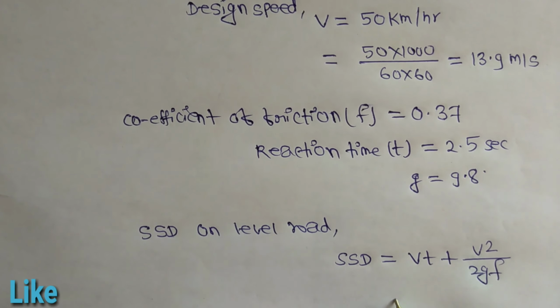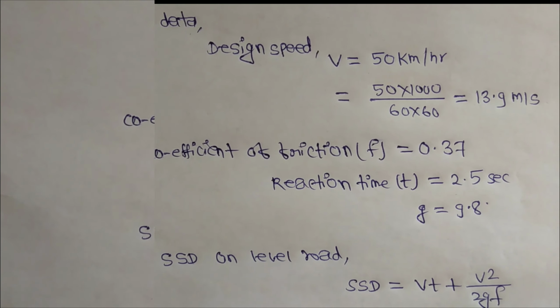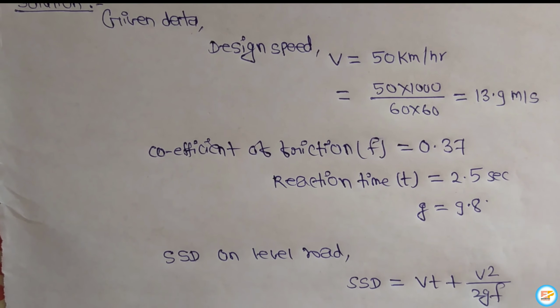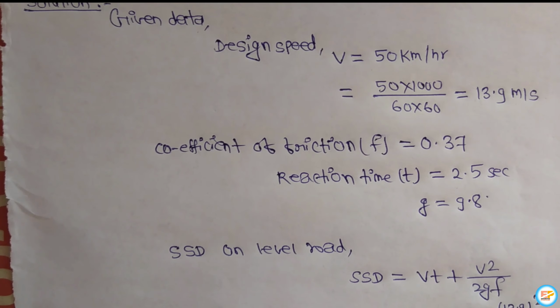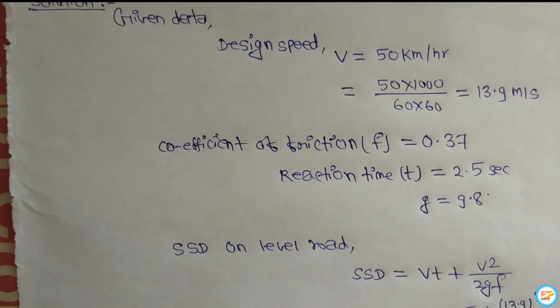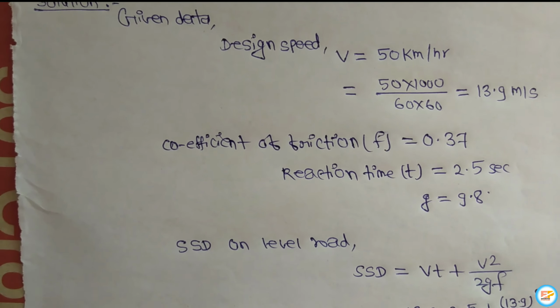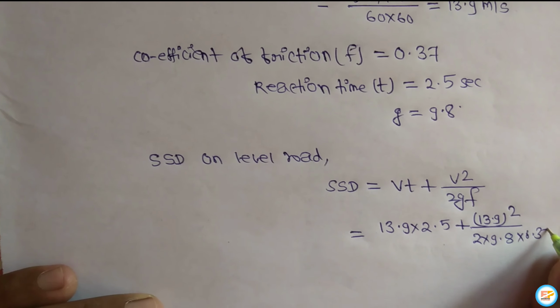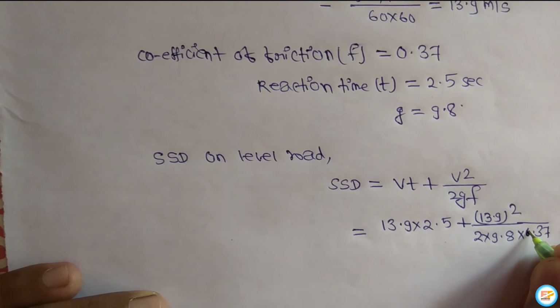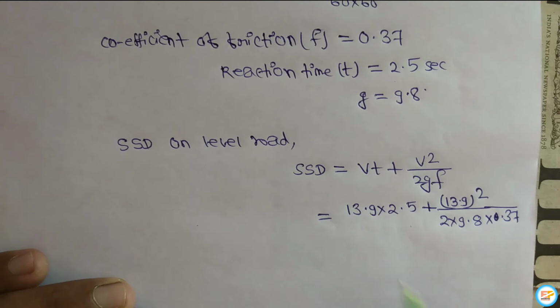V is given, 39.9, into 2.5, plus V square, V is 39.9, divided by 2 into 9.8 into 0.37.